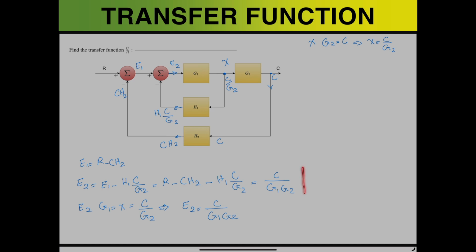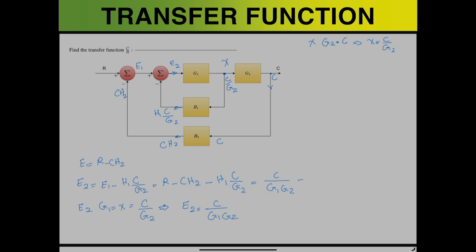Now I've got a final equation that has all the ingredients that I want. There is the output C, which I like. There's an input R that I need as well. And there are intermediate building blocks H2, H1, G2, G1 as well.